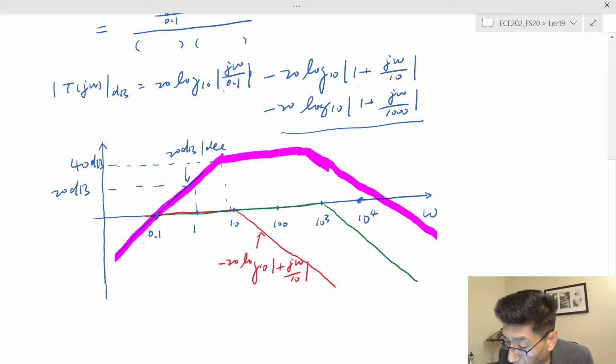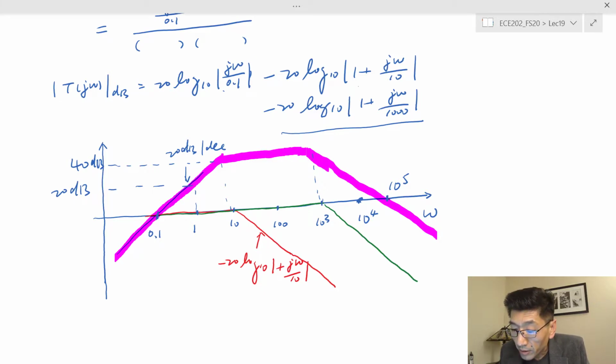When you drop from 1000 radian per second by 40 dB, you drop in 2 decades. So the line should pass through 10 to the power 5 radian per second, or 100K.